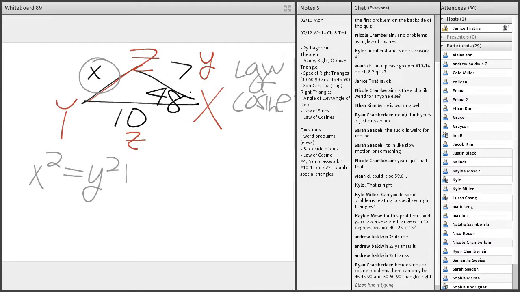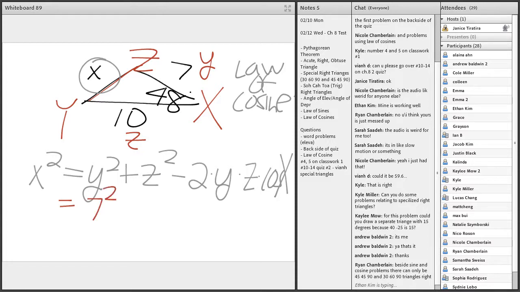And it looks like Pythagorean theorem at first, and then you subtract 2 times y times z times cosine of the angle that we're trying to find, x. So with law of cosine, if you're trying to find a side, you would be able to plug in all the numbers. So 7 squared is y squared, 10 squared minus 2 times 7 times 10 times cosine 48.